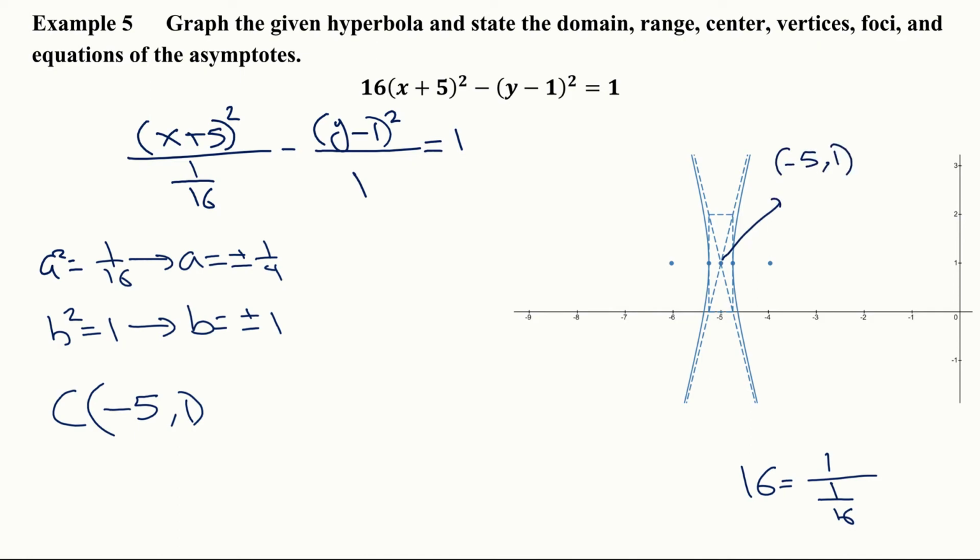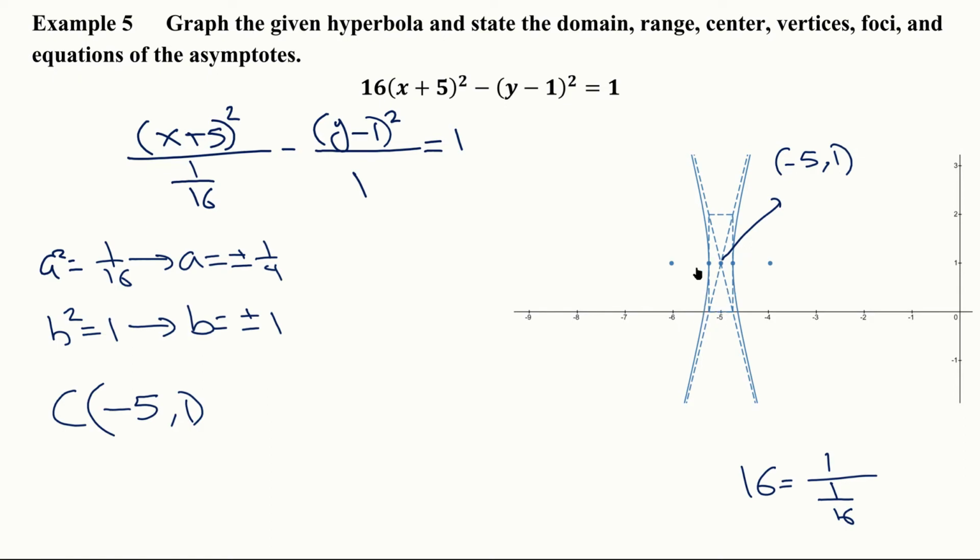So for me to get the vertices, I need to go 1/4 to the right and 1/4 to the left, right? And in the vertical direction, I need to go b, so 1 up, 1 down.